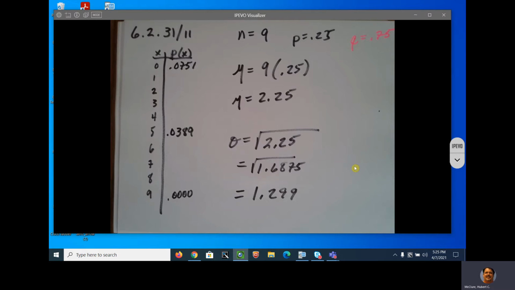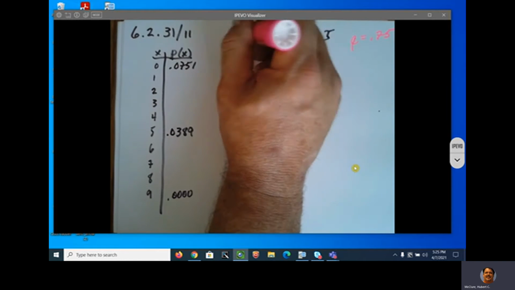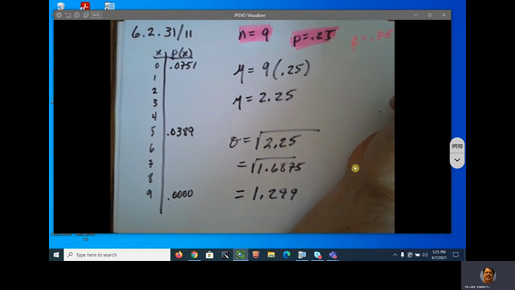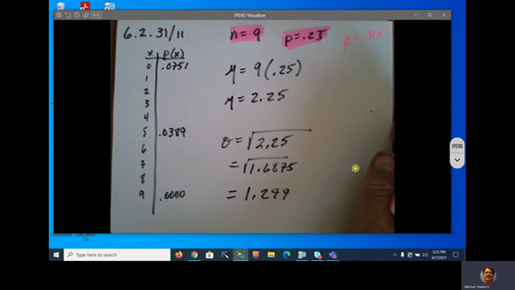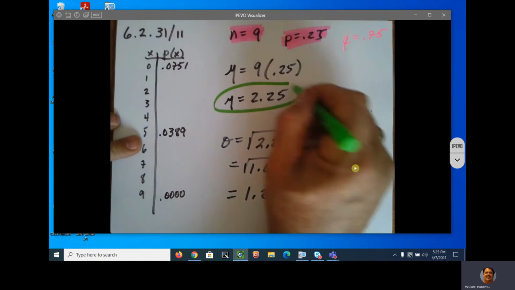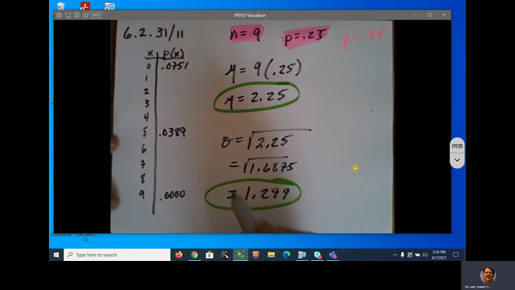And remember, all this is given. N is equal to 9, P is equal to 0.25, and you calculate the complement. And this is probably what they're going to ask for. They may ask you to draw a curve.